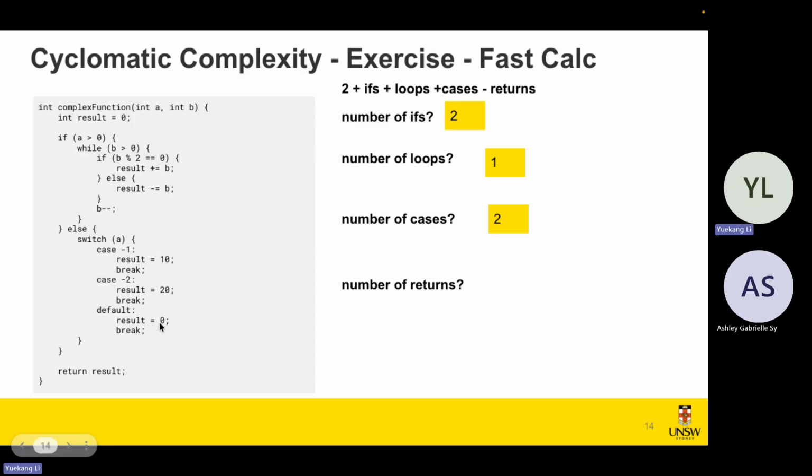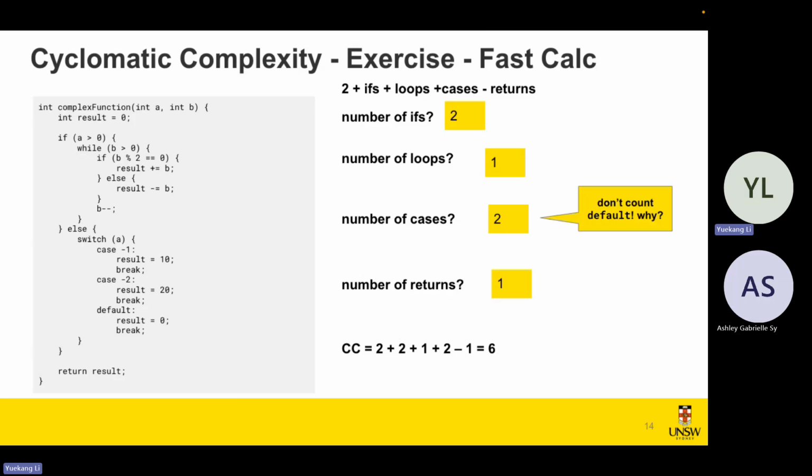Default doesn't count actually. Let's see why later. And how many returns do we have? We have 1, right? So it is 2 plus 2 plus 1 plus 2 minus 1, so it is 6. So we can see that we didn't count default as a case.